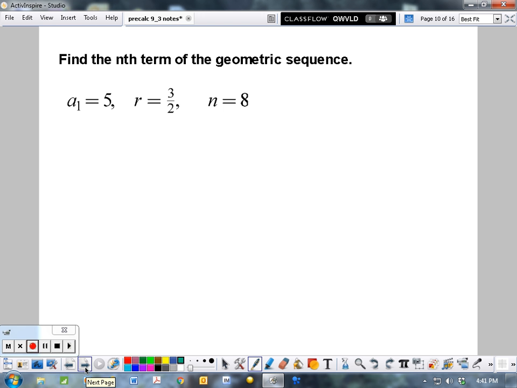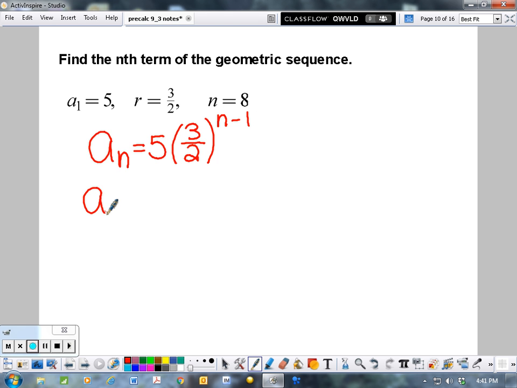Okay, so again, find the nth term of the geometric sequence. So my nth term will be my first one times my common ratio, and then n minus 1 power. And then we want to find the 8th term. So my 8th term would be 5 times 3/2 to the 8 minus 1, which is 7.